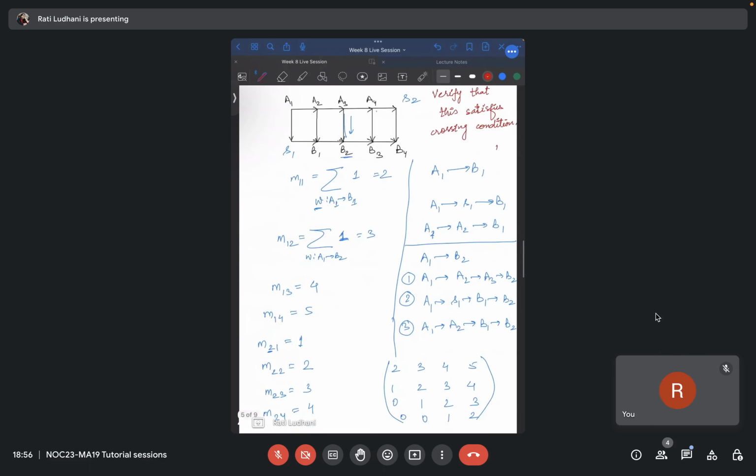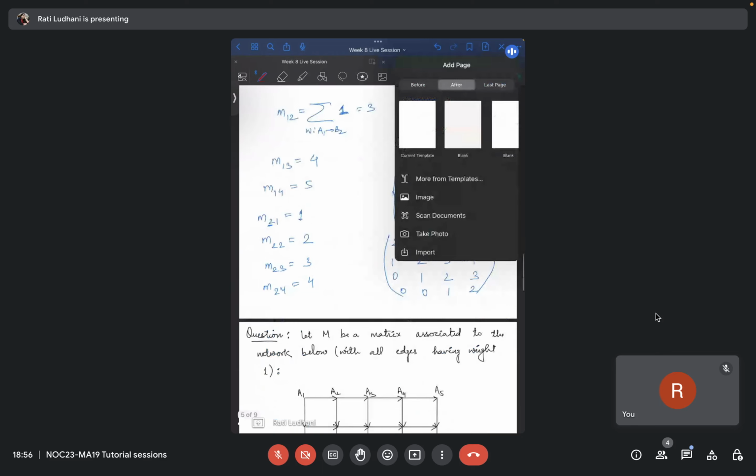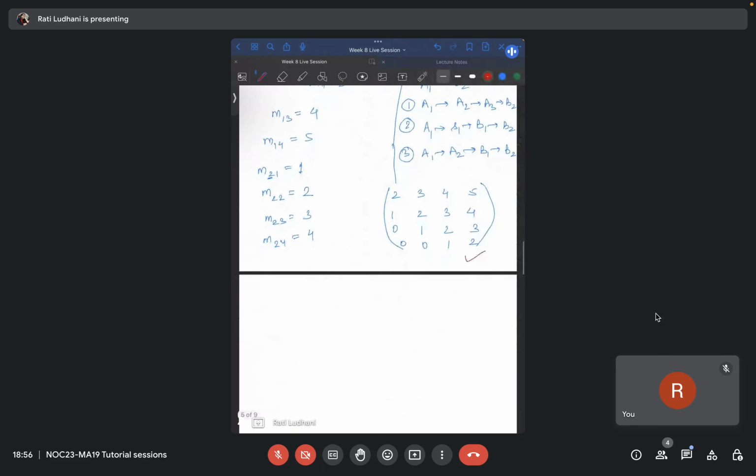Okay, great. So this is the matrix. So this is M. As I said, there is no particular requirement to calculate M, like to get the entries of M, but as it is explicitly asked, I calculated it. Now let's see what is the determinant. Determinant is again this summation.